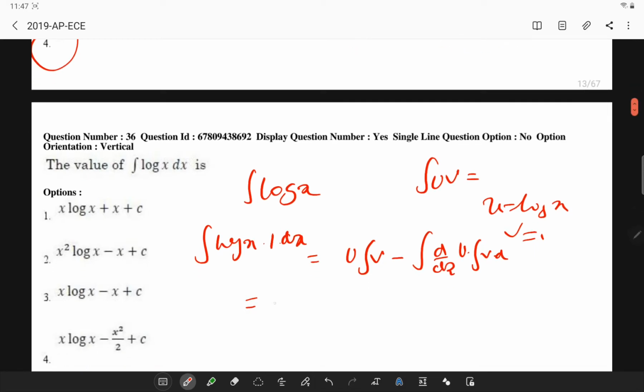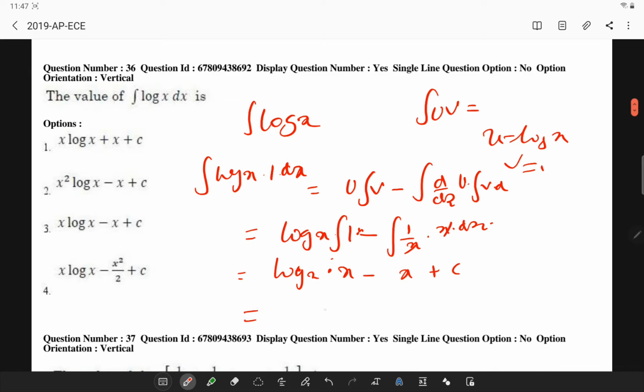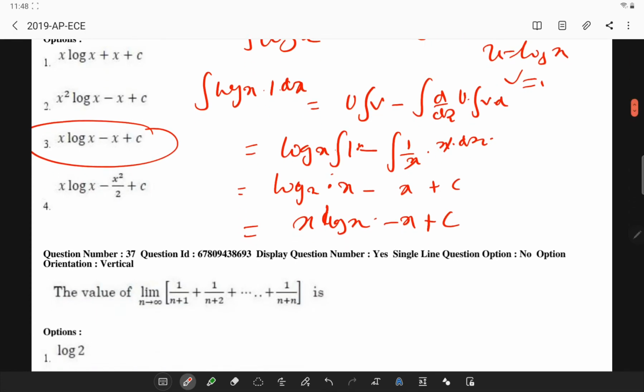So here it is log x into 1, minus integral 1 by x into x dx. So simply I'll be getting log x into x minus x plus c. So this is simply x log x minus x plus c. So the option is third.